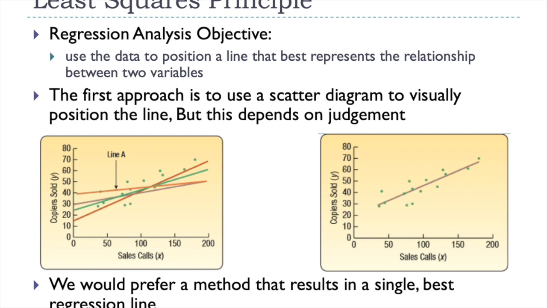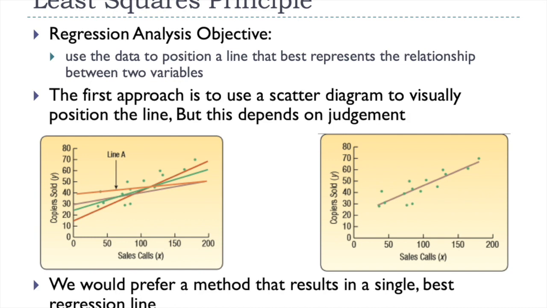You can see we have 4 different lines, and except for line A, which is the outlier up here, the other 3 do seem to be centered around the data. But what we're really looking for is one line, the best representation of the center of our data. The method that's going to result in a single best regression line is called the least squares principle.